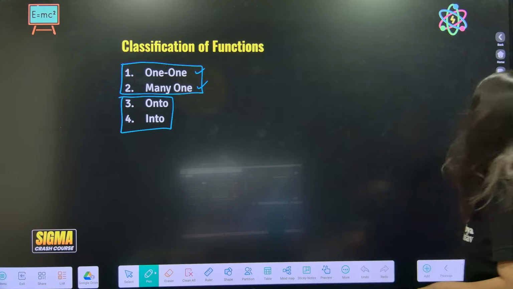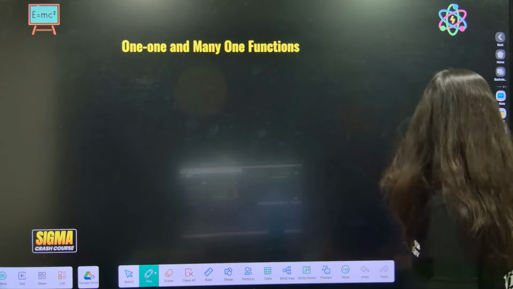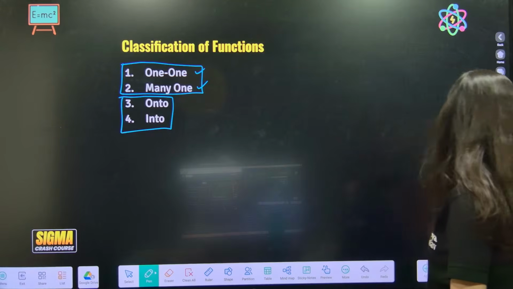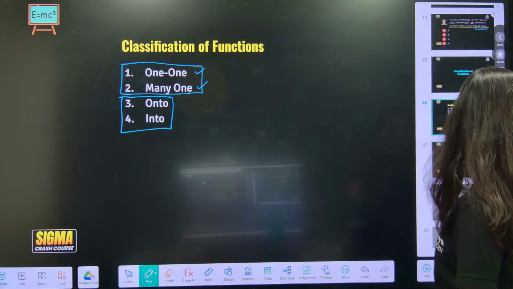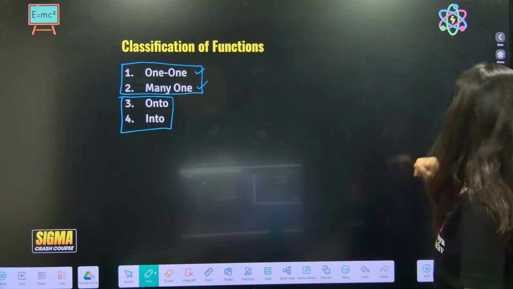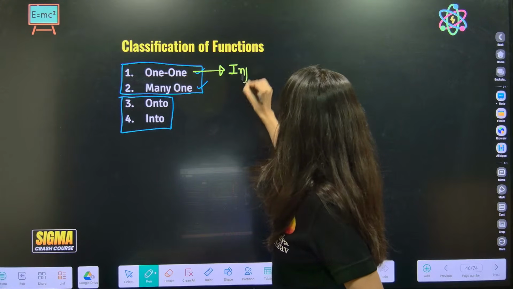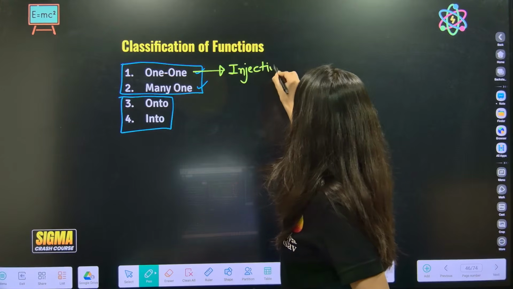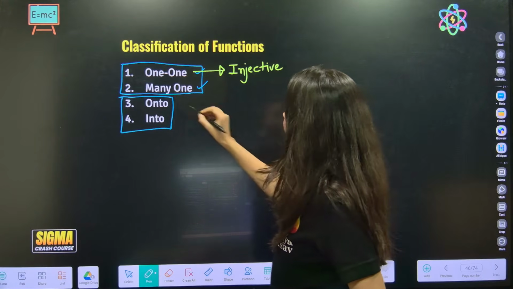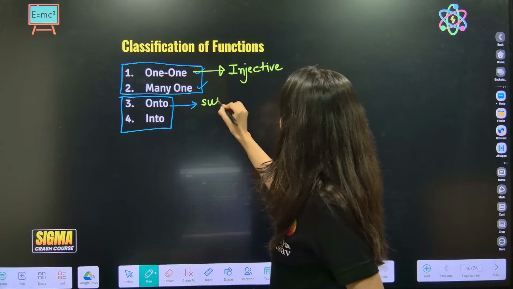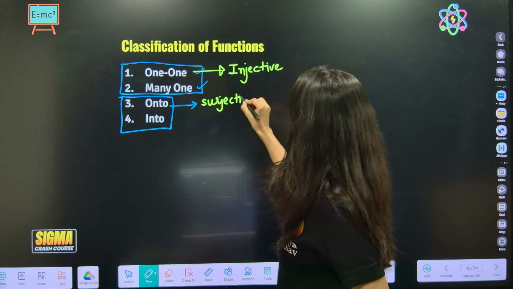But before that, let's understand some terminologies. One-one function is also known as injective. And onto function is also known as surjective.